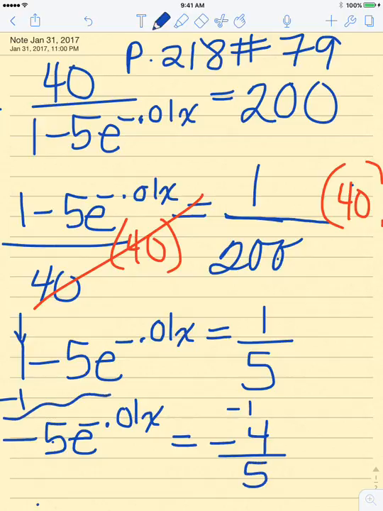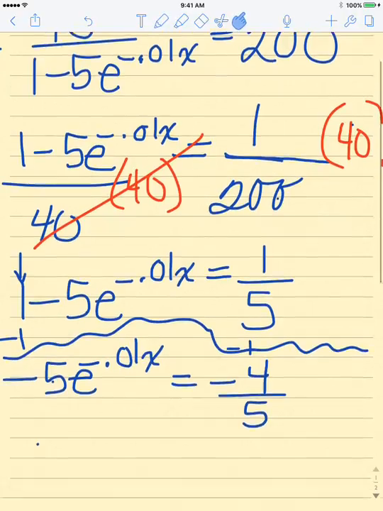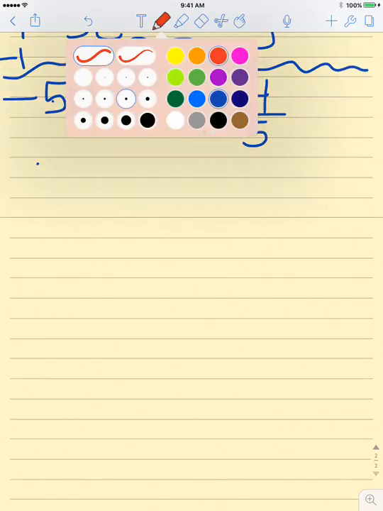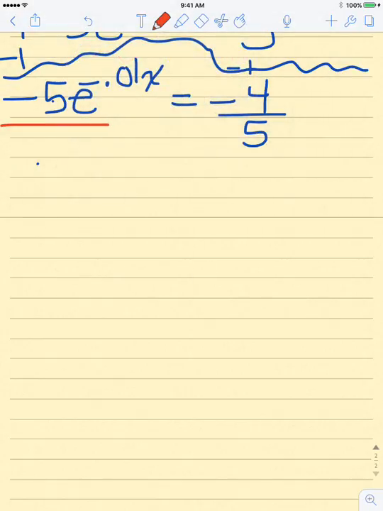Okay, so let me just kind of separate all of this. Again, I want to isolate the variable here. So the next thing I'm going to do is divide everything by negative 5. So I divide this by negative 5, and I'm going to divide this by negative 5.